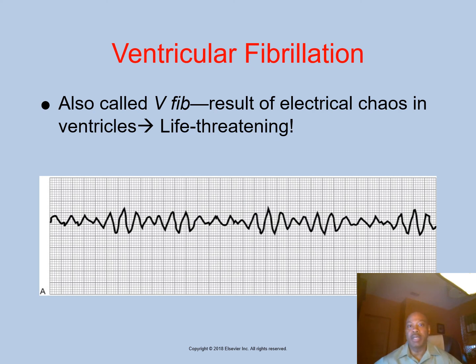Treatment is early defibrillation in order to convert to an organized rhythm, and this is an ACLS guideline. If defibrillation devices are not available, then high quality CPR is performed until the AED arrives.